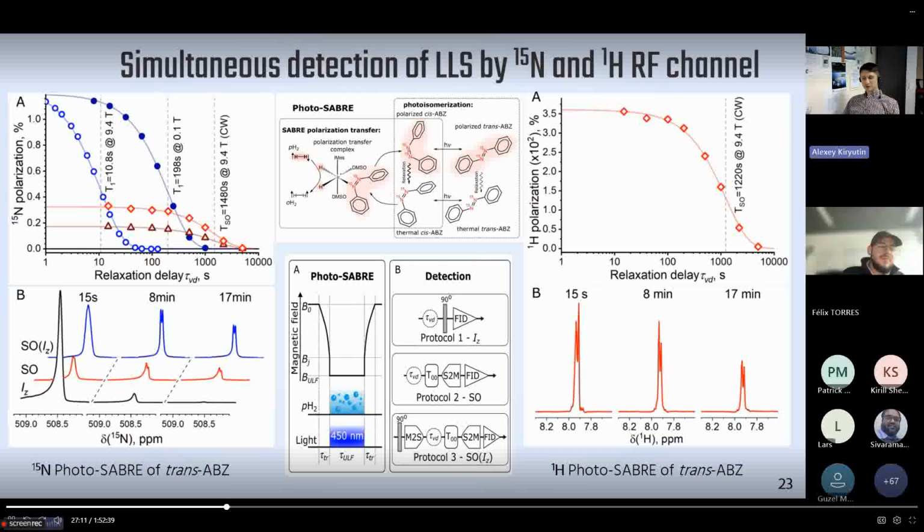Possible. SABRE is a very nice method actually. It's quite reversible, so you can produce your hyperpolarized signal just by bubbling for 1 day or even 2 days, and measure while bubbling. What you need to take care of is evaporation of the solvent. If you bubble a lot with dry hydrogen, you can evaporate your solution or solvent.